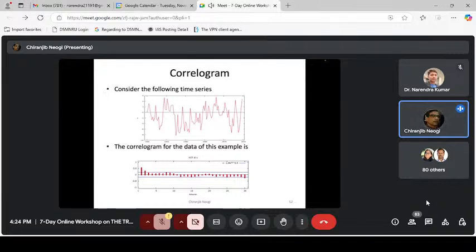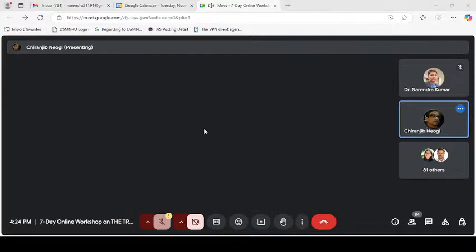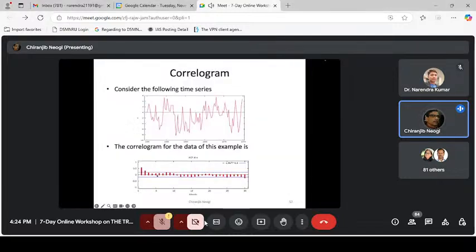The horizontal axis gives the lag value: this is 5 lag, this is 10 lag, this is 15 lag. Now you see there is a drastic fall in the correlation value when I increase the lag.